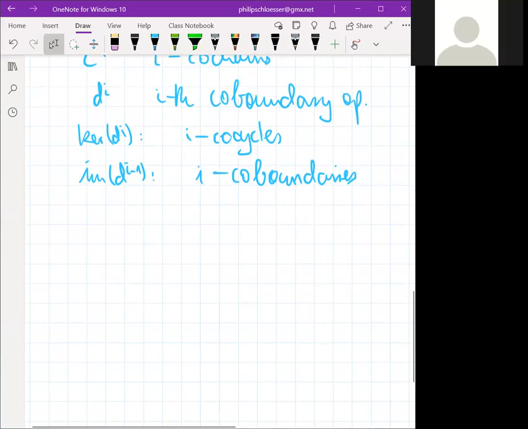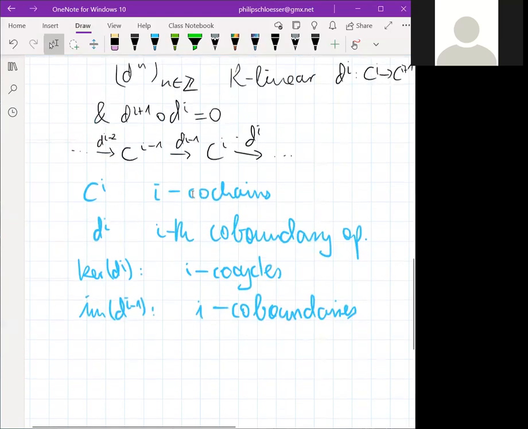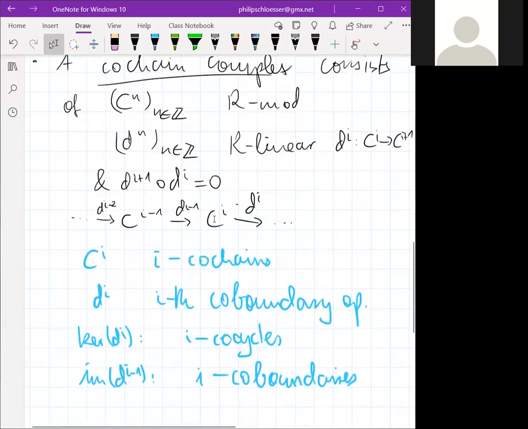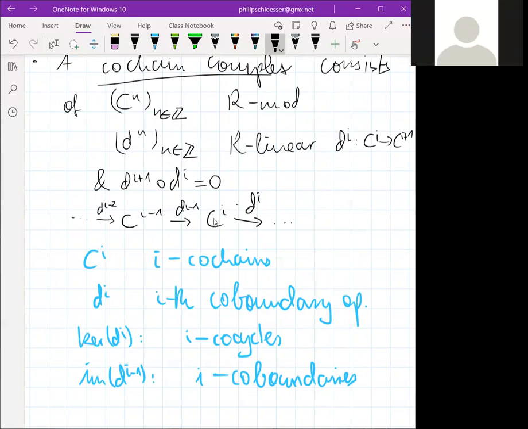Hey Philip, so I have a question. If we're talking about the topology in physics example you were giving, over there C subscript i were chains and C superscript i were cochains, right? Yeah. And apparently you said some opposite category stuff, right? Yeah.